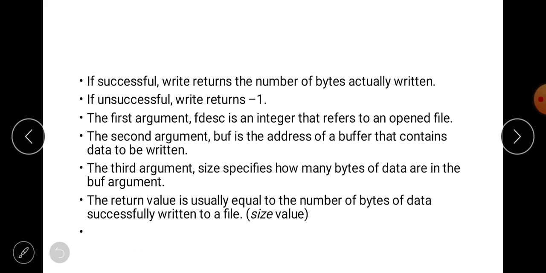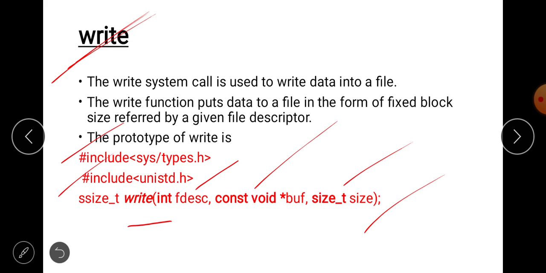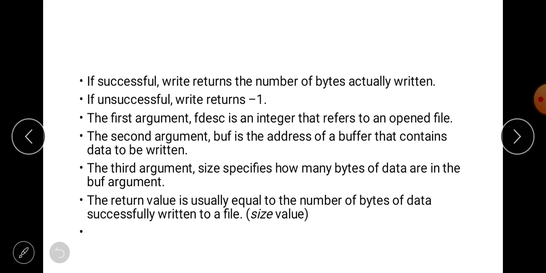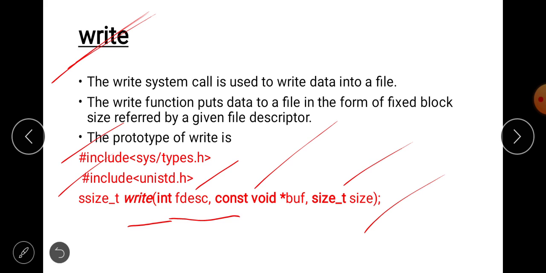The first argument, file descriptor, is an integer that refers to an open file. The second argument, buffer, is the address of a buffer that contains the data to be written.